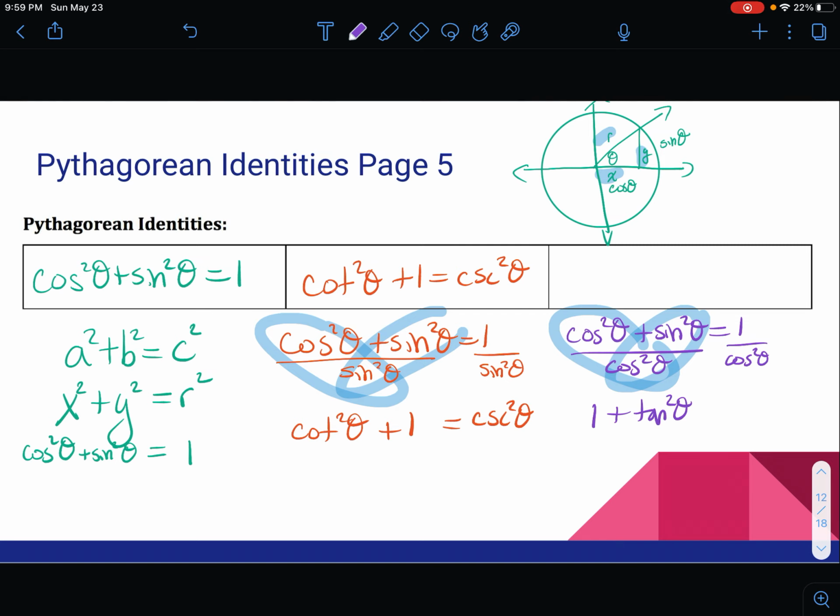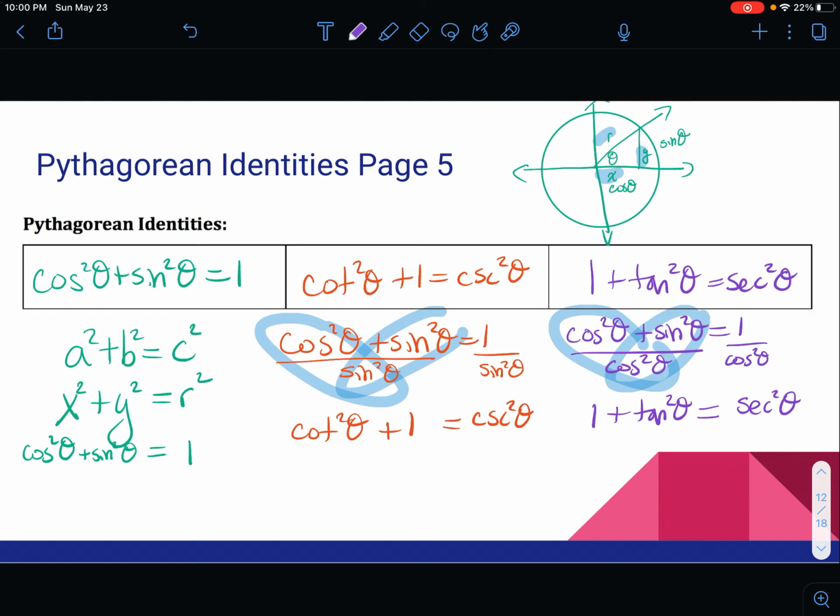Again, the sine squared theta over cosine squared theta, because of the quotient identity, is tangent squared theta. And then 1 divided by cosine squared theta is secant squared theta. So that's our third one. Now you have this in your organizer. You likely already have the 3 boxes filled out, but the reasoning below is why these work.